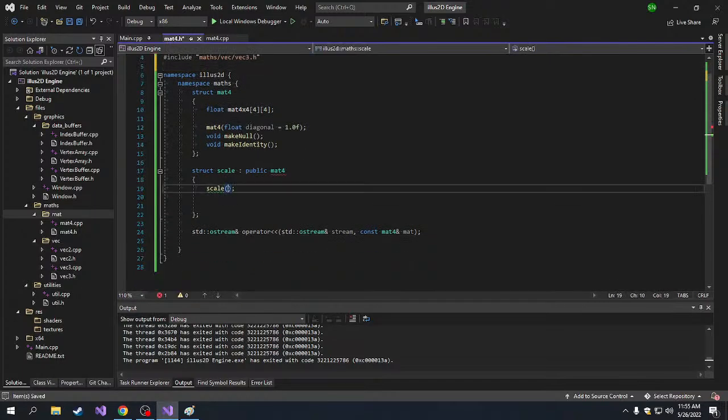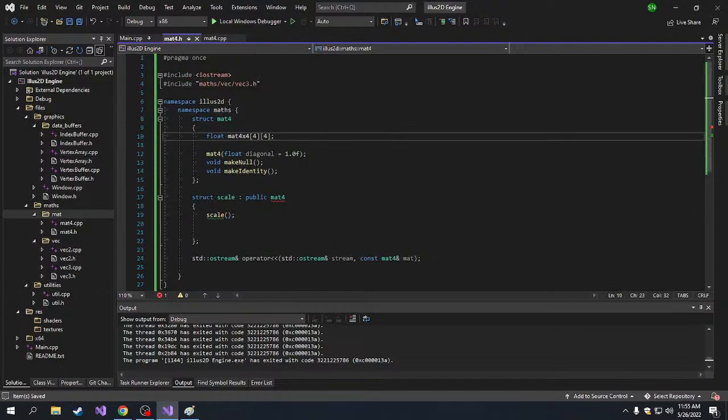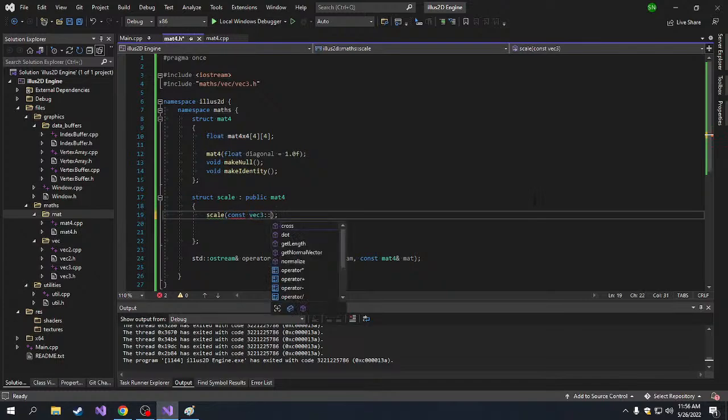Good. We'll take some extra parameters here. It's closed for some reason. Incomplete type is not allowed. Okay. We'll take something here. We'll take a const vec3 by reference. Take the scale. We'll take s for scale.